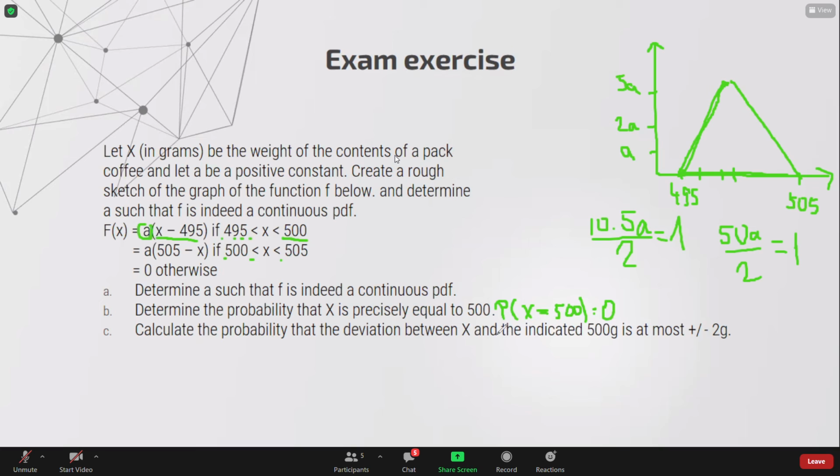And see the last point, if we have to calculate the probability that the deviation between x and the standard, that is 500 grams, is at most -2 or +2 grams. So the deviation is 2 grams. How can we calculate the probability? So it is between two numbers.